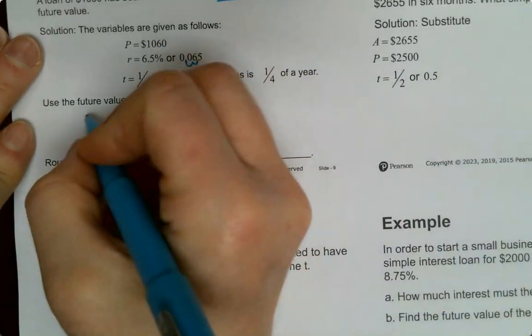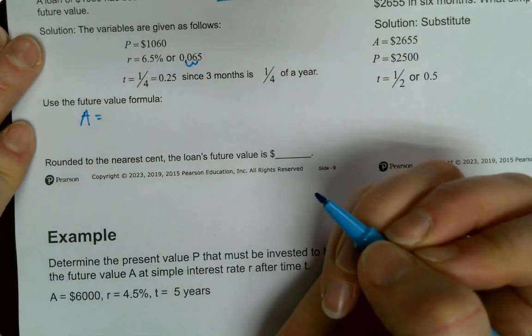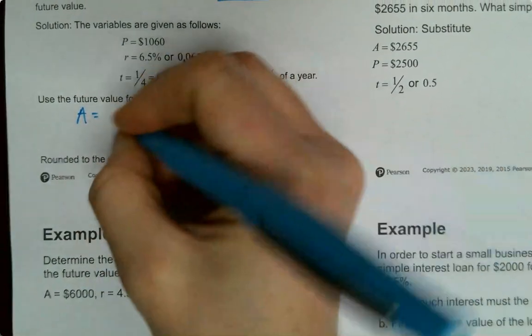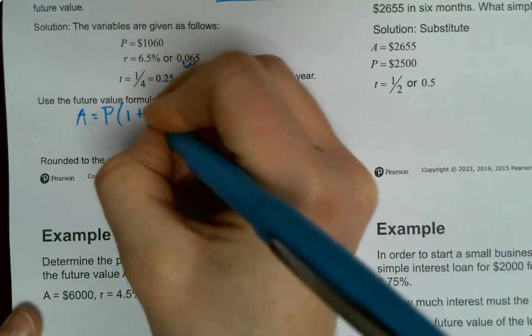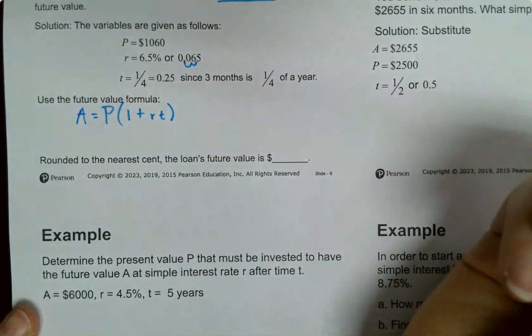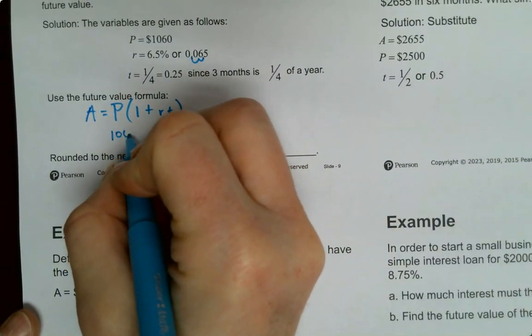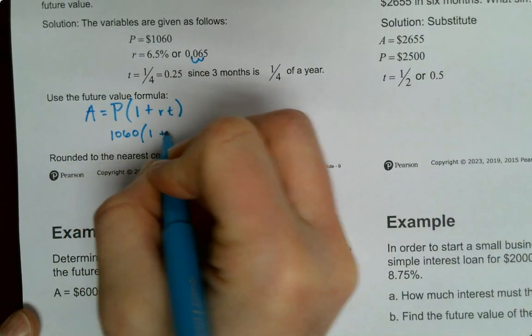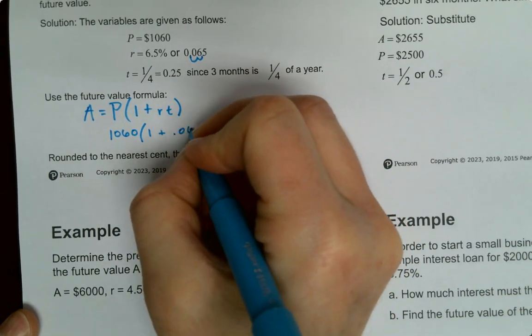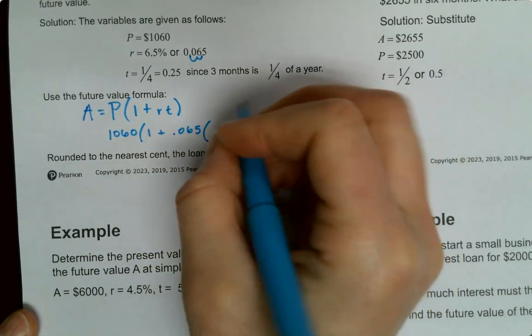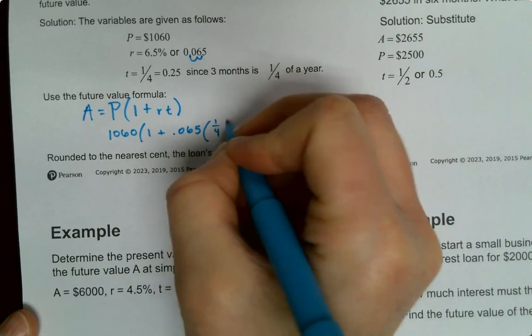So it says to use a future value. A equals P times 1 plus RT. So principal 1,060, 1 plus the rate, 0.065, times the time, 1/4 or 0.25.